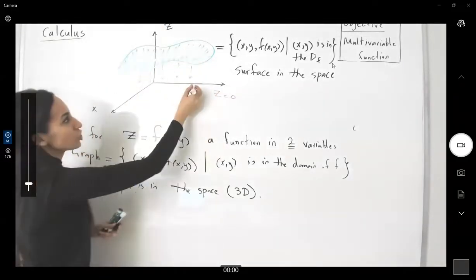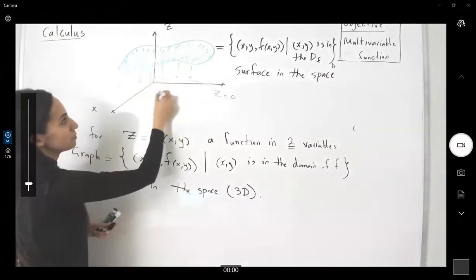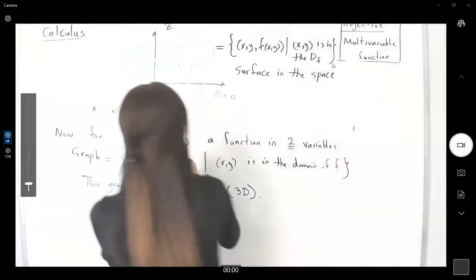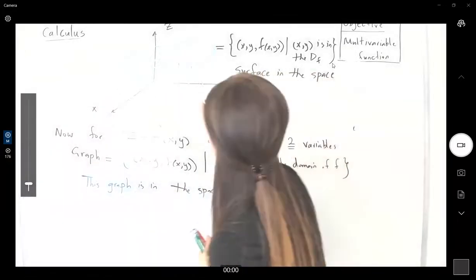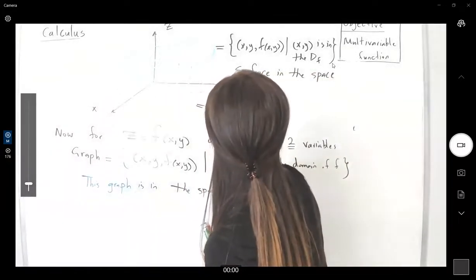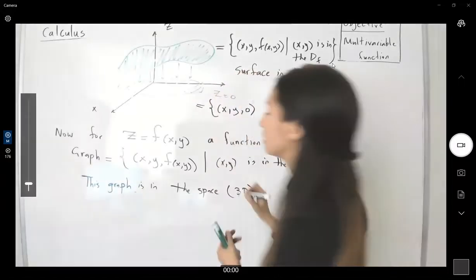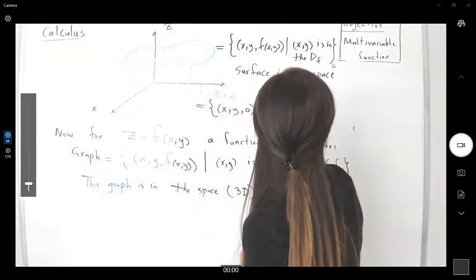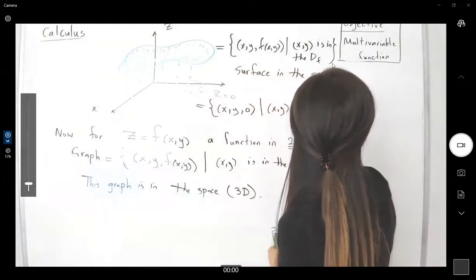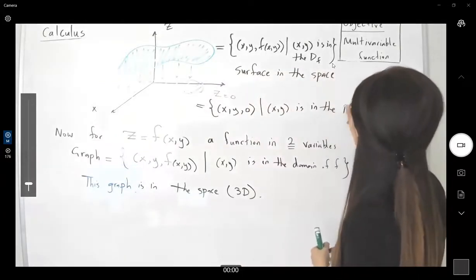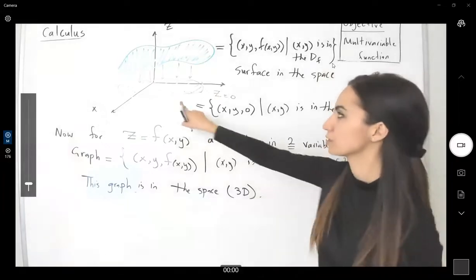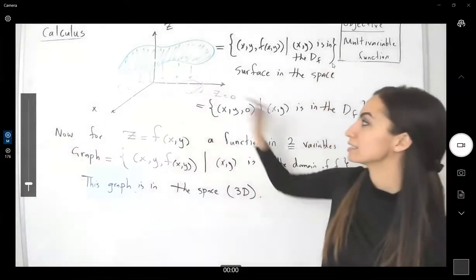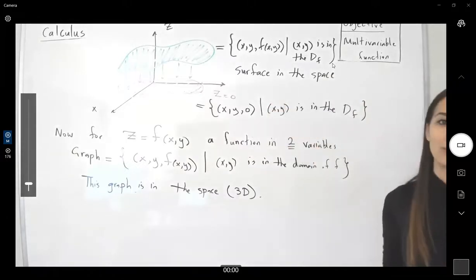Then you have the projection (x, y, 0), such that x and y is in the domain of f.